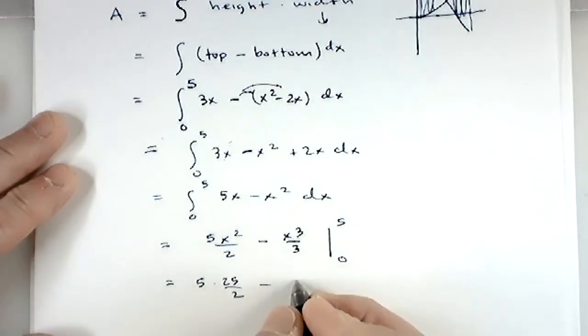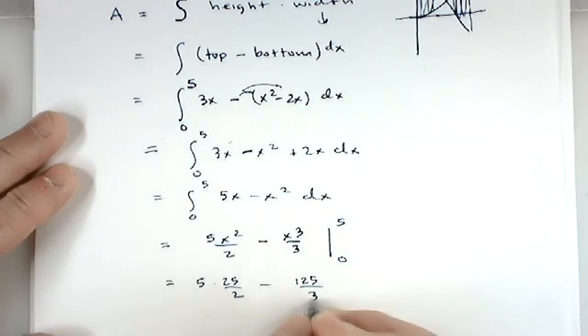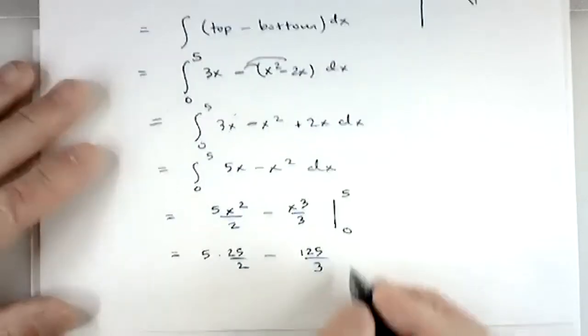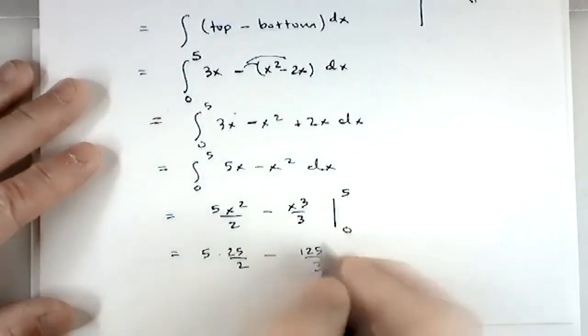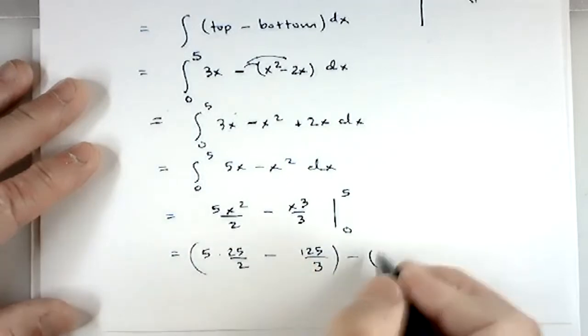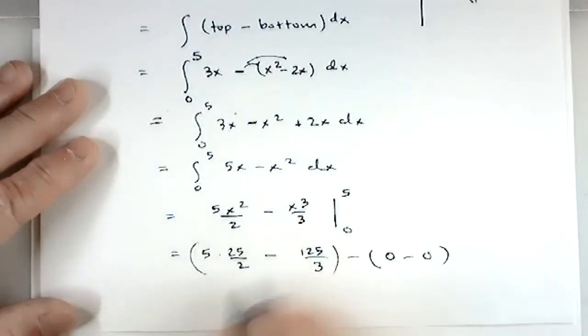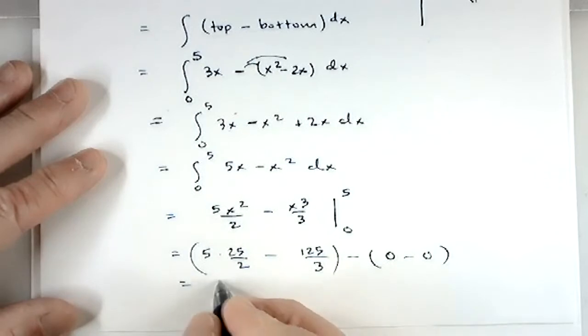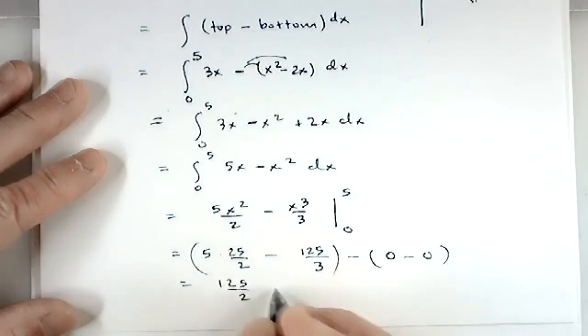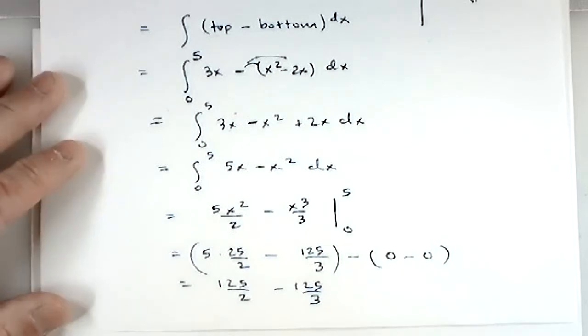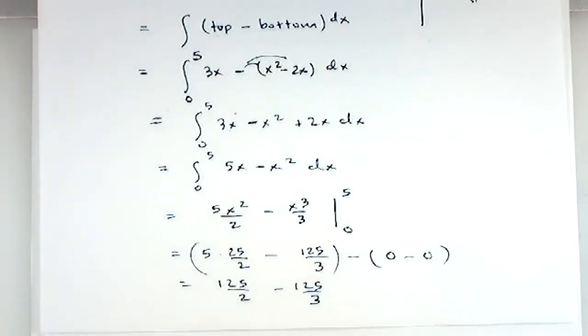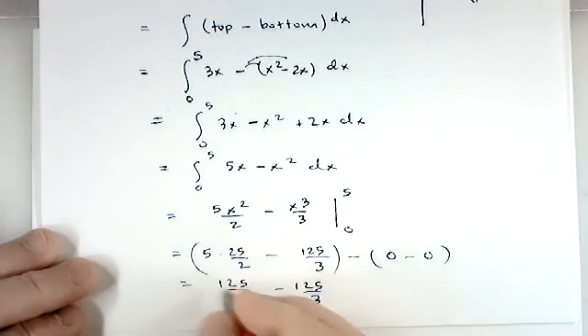Five cubed is 125. So if I plug in 5, I get that. And then if I plug in 0, fortunately, I get 0 minus 0, which is nice. So this is going to be 125 halves minus 125 thirds. Give that a common denominator.